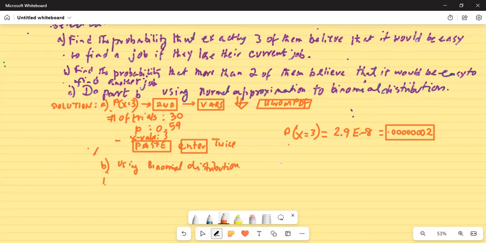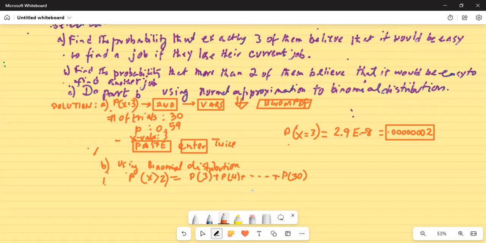Okay. So basically we want to find out probability of X greater than 2. That is P3 starting from 3 plus P4 plus dash dash dash P30. As you note that we have to find these individual probabilities and add them up.